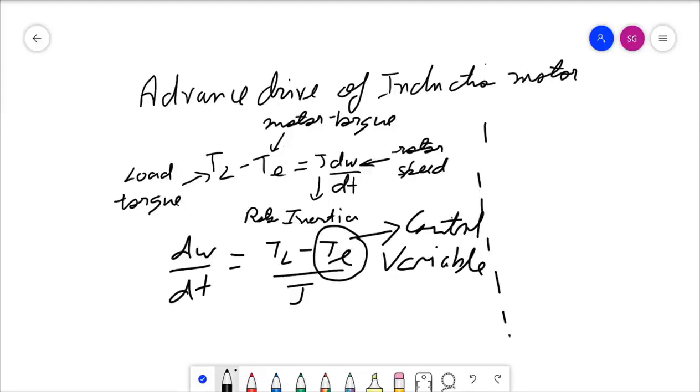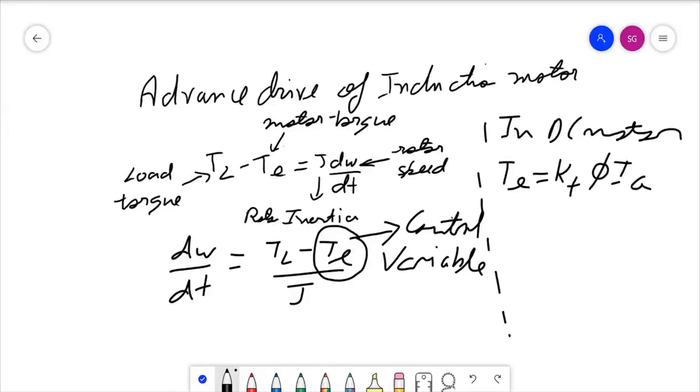This you have done earlier as well while studying the DC motor drive, in which you control the armature current of that DC motor. By controlling the armature current, in a DC motor your electromagnetic torque is equal to Kt, phi, and Ia.